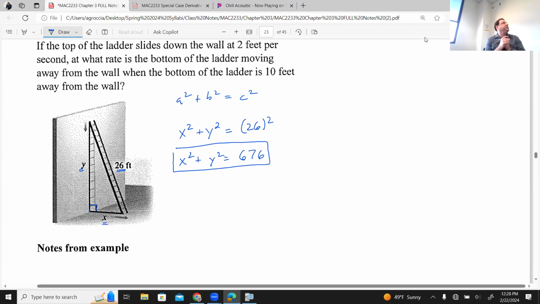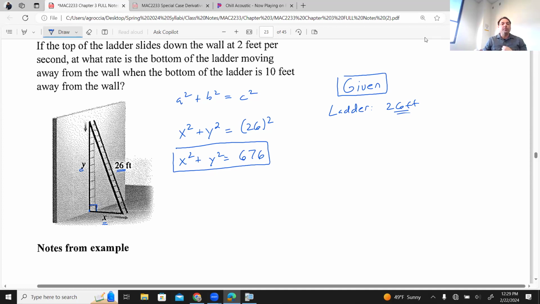Okay? So it's going to start with that formula, but I kind of jumped the gun a little bit. Why did I jump the gun? What I mean by that is I need to first write down what I know, what's given. And they did give me some information, right? They told me that the ladder is 26 feet. So we got that.